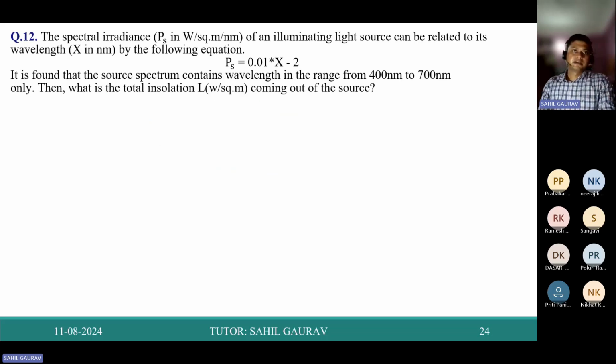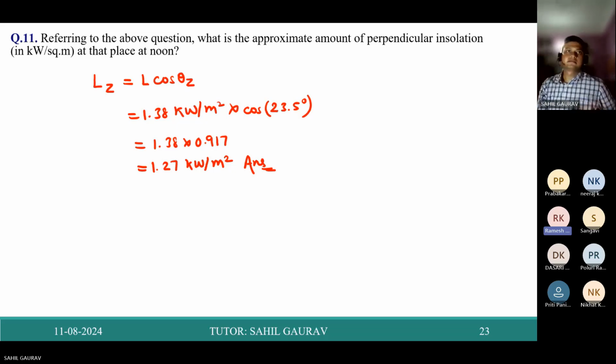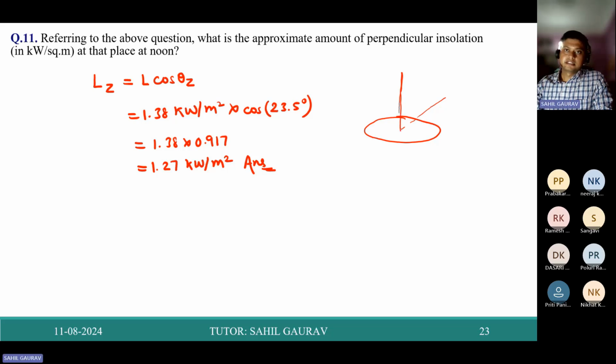Now let us see the next problem. Sir, how does the zenith angle become 23.5 degree? Because this place is at equinox, meaning like at the equator. So this is the insolation, and this angle is the zenith angle.